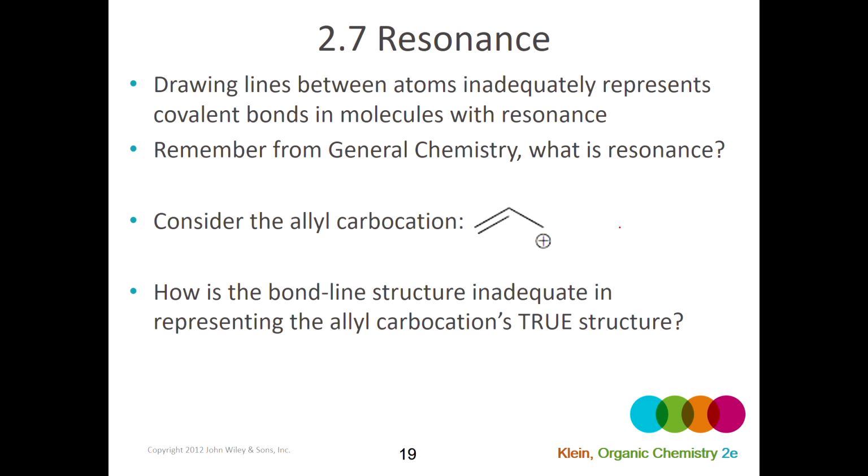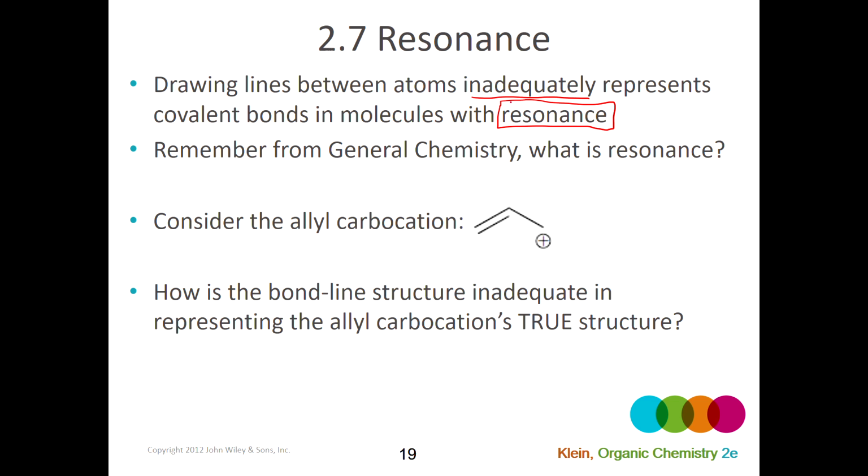So sometimes when you have a structure or molecule, a typical Lewis structure or even a bond-line structure cannot adequately represent the true nature of this molecule, if the molecule is capable of resonance. When Lewis designed his Lewis structures, this was not on anyone's mind.